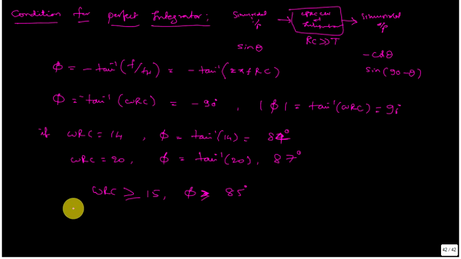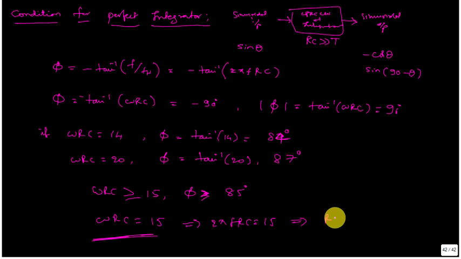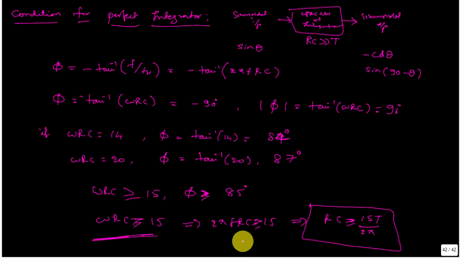So we can make the condition for perfect integration omega RC equal to 15. That means 2 pi f RC is equal to 15. From this, RC can be written as 15T divided by 2 pi. If this condition is satisfied, then we can say a low pass RC circuit can perfectly act as an integrator. This is the condition for the low pass RC circuit to act as a perfect integrator. Thank you.